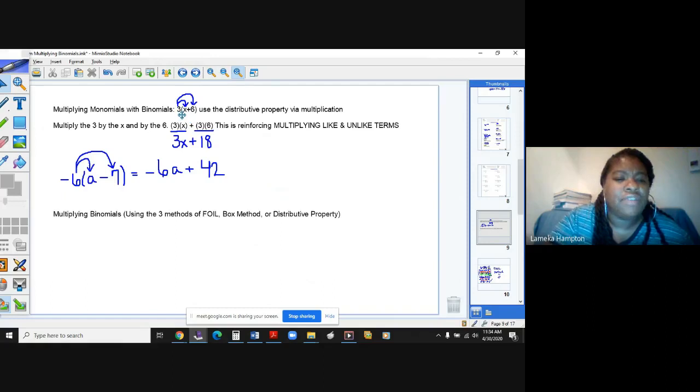I have the example here, 3 times x plus 6. In a lot of the problems you previously did and the ones we just went over, they follow this same format. They'll have a number or a term, and you use multiplication for both. So kudos to you.